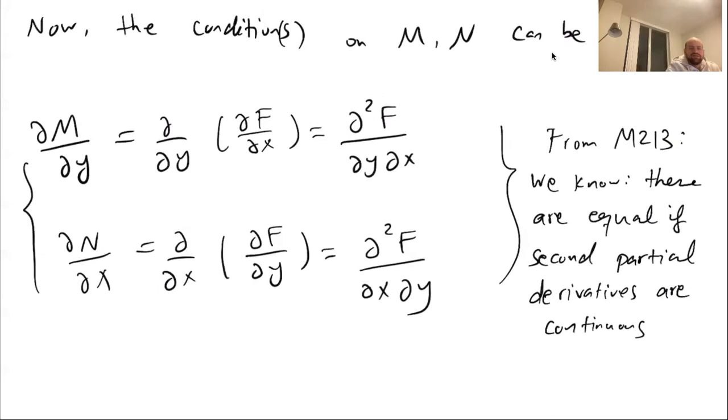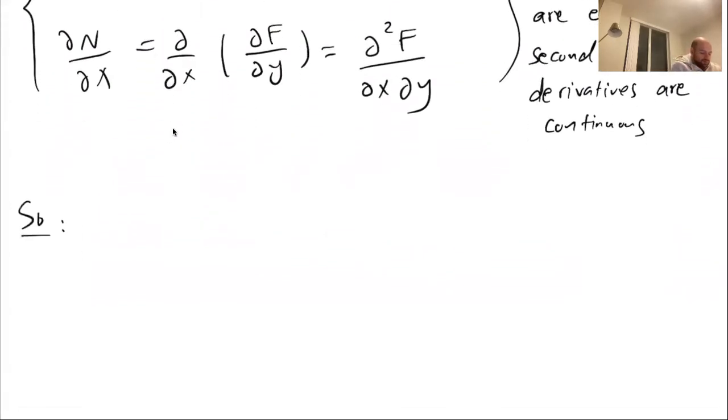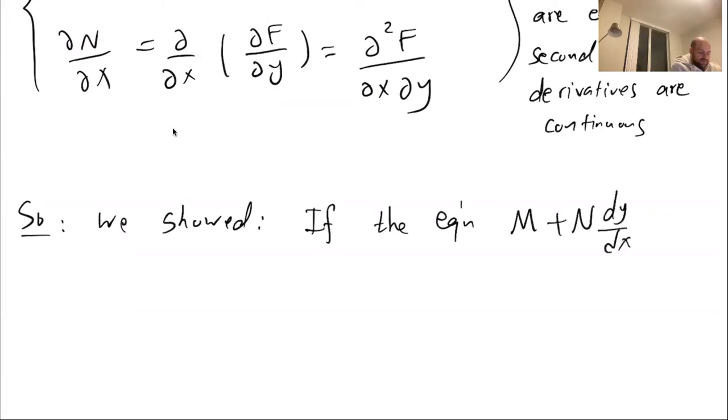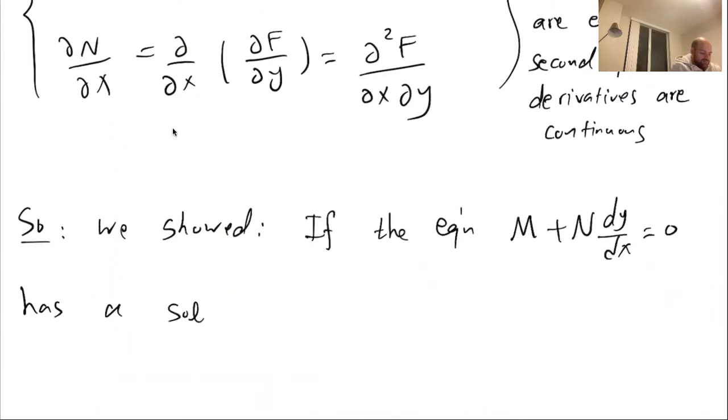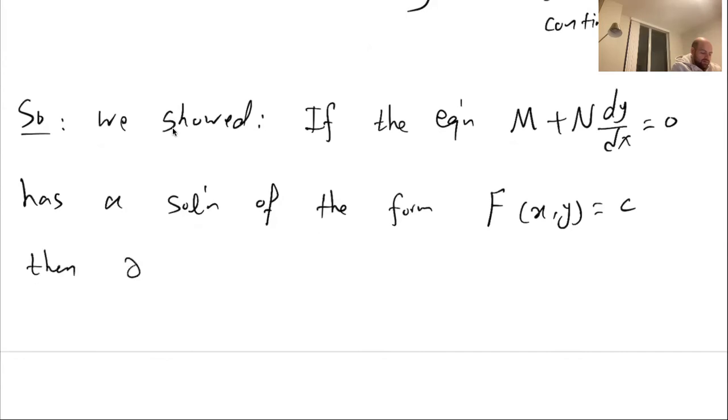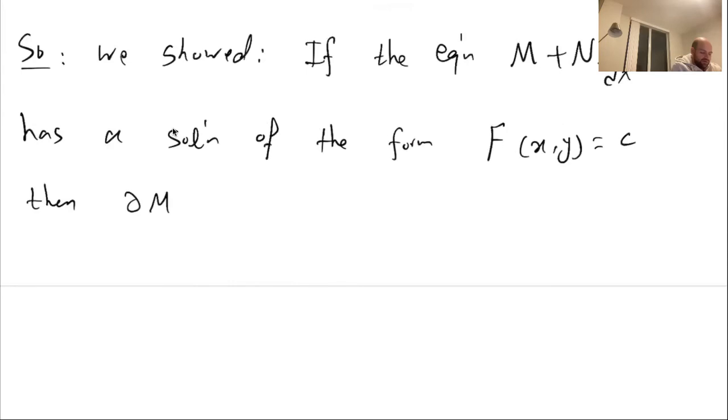So under this assumption that second partial derivatives are continuous, we showed that if the equation M plus N dy/dx equals 0 has a solution of the form capital F of x and y equals c, then we can say the partial derivative of M with respect to y is equal to the partial derivative of N with respect to x.